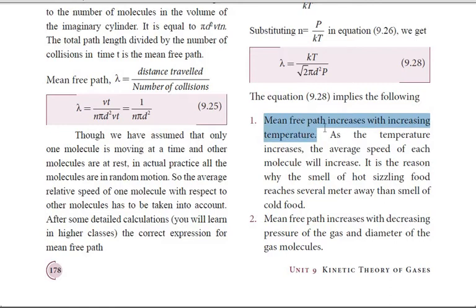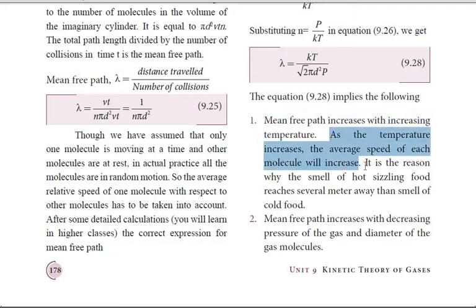Mean free path means the distance between successive collisions of the molecules. After a collision, the molecules move in a straight line. As the temperature increases, the average speed of each molecule increases.